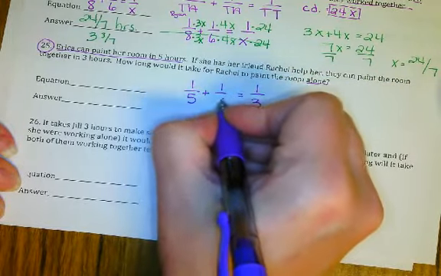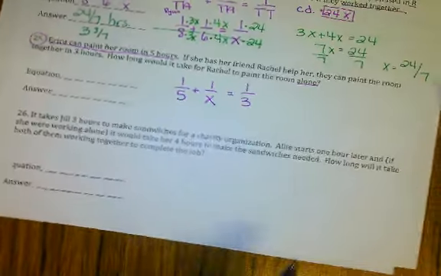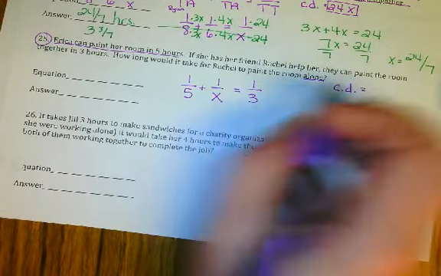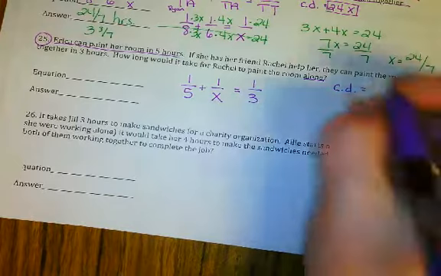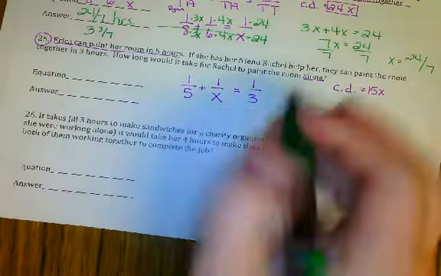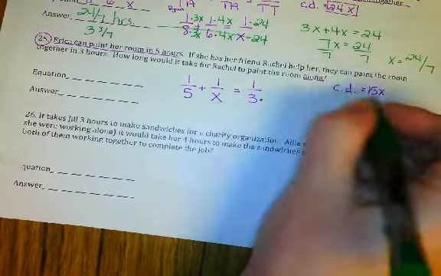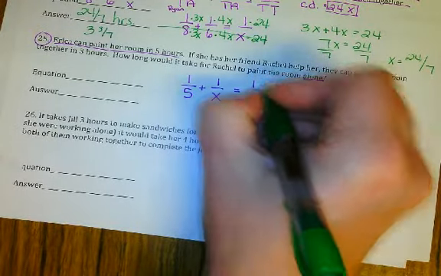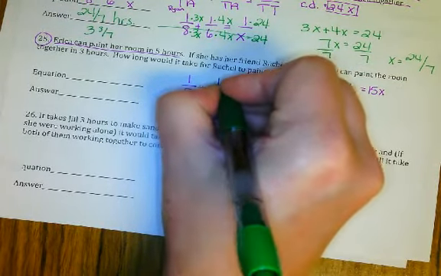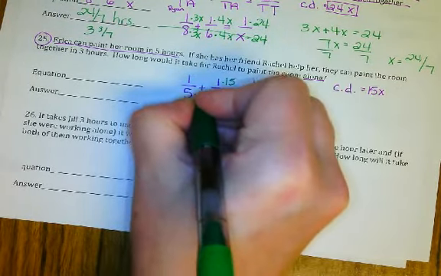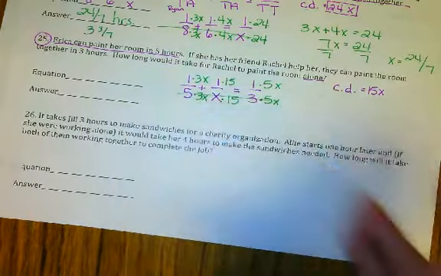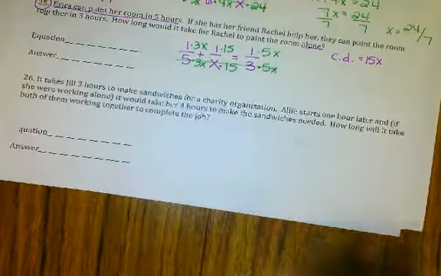So I don't know what Rachel is, so I'm going to do 1 over x. Okay, so again, it's all about a common denominator, because it's like we're adding fractions. I'm just going to multiply all that, and I get 15x. And then it's all about getting the common denominator. So to get to 15x, I'm going to multiply that by 5x. I'm going to multiply that by 15. And then I'm going to multiply that by 3x. Okay, and then I can cancel them out because they're all the same.